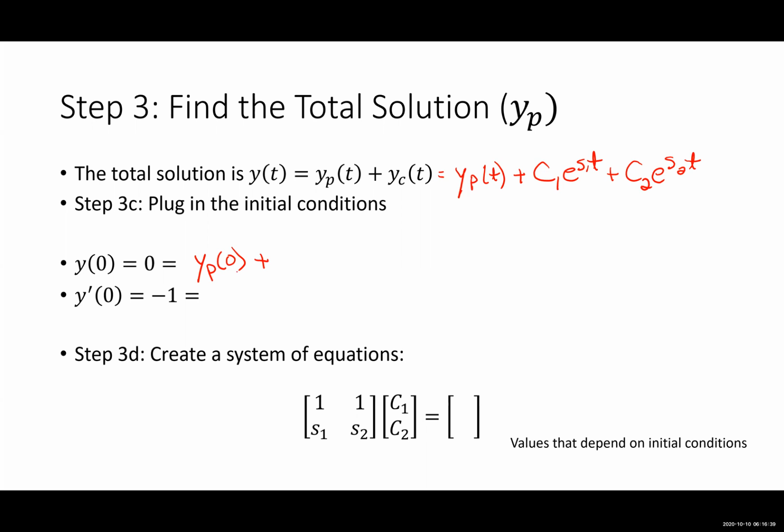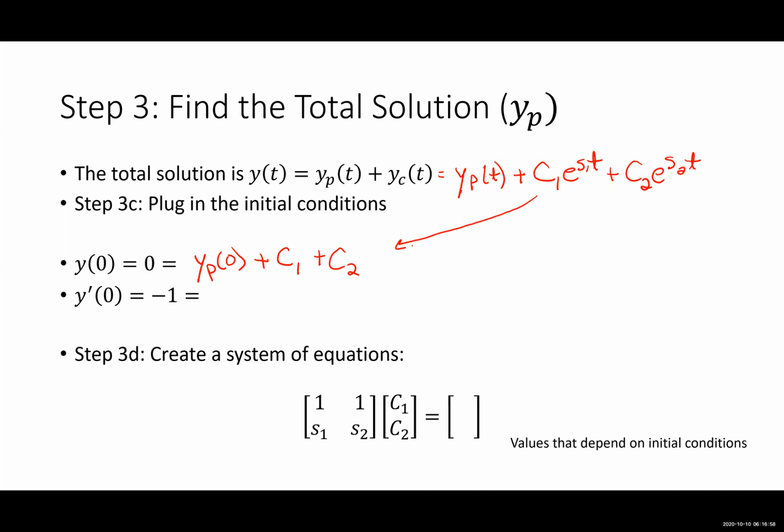So I'm going to write it like this, yp of 0 plus c1. Now if I plug in t equal to 0, e to the 0 is going to be 1, and e to the 0 is going to be 1. So I get that this expression simplifies to that.